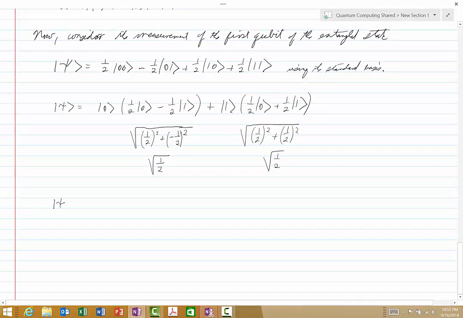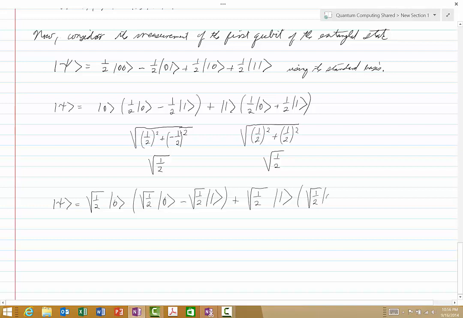So C is equal to square root of 1/2 0, and then 1/2 divided by the square root of 1/2 is the square root of 1/2. 0 minus square root of 1/2 1, and then the second term will become square root of 1/2 1 times the square root of 1/2 0 plus square root of 1/2 1.